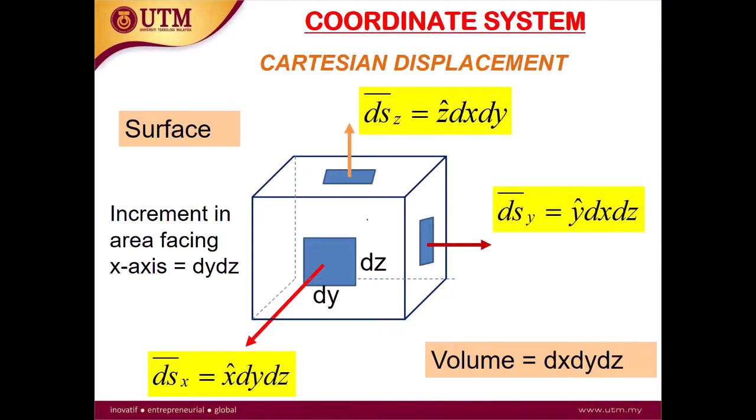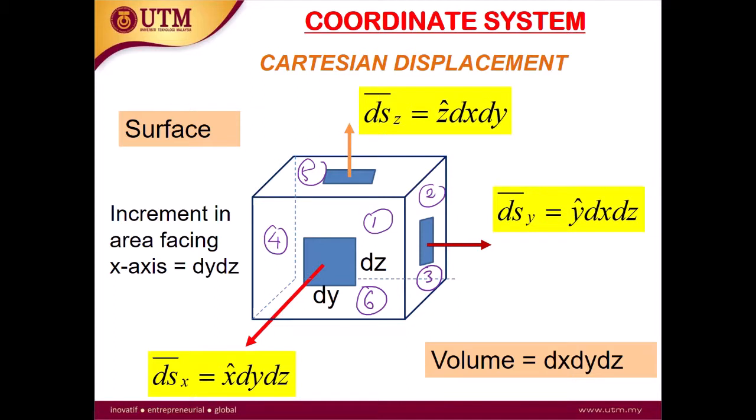Let's say we have surface 1 at the front, and at the back we have another surface, so surface 2 at the back, surface 3 here at the right side, the left side surface 4, the top one surface 5, and the bottom one surface 6. We have 6 different surfaces. For the cubic, it's suitable to be analyzed using the Cartesian coordinate.